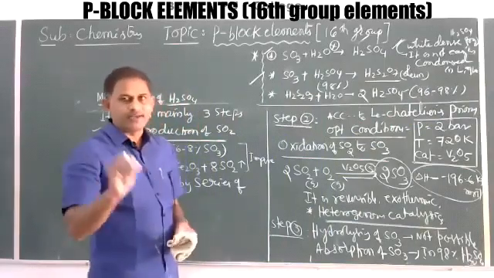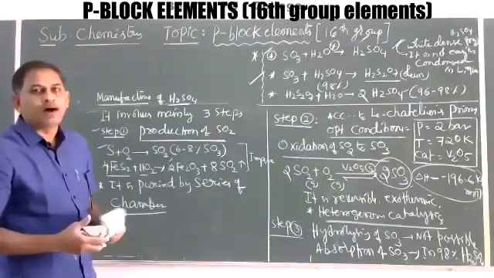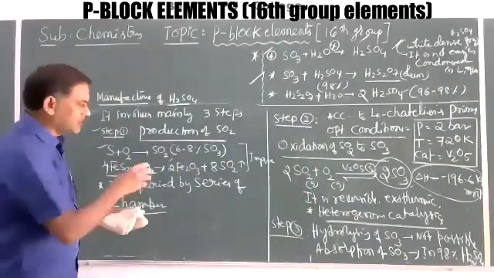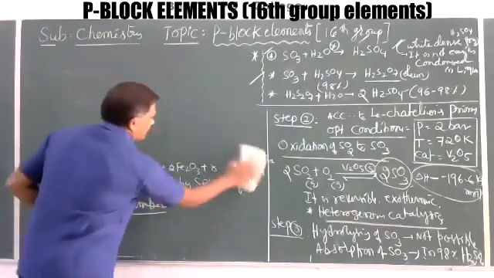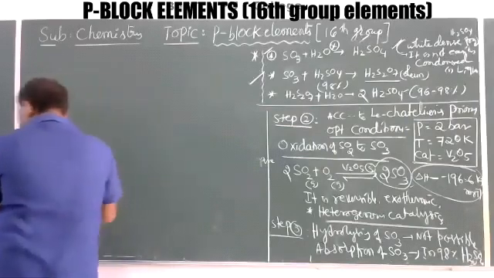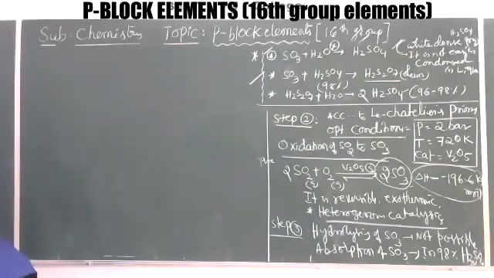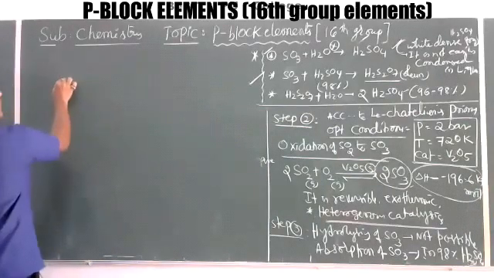Just within 5 minutes, I'll cover the series of chambers, how to purify this sulfur dioxide by using a series of chambers. Listen here, in this manufacture of sulfuric acid, we first want one chamber.